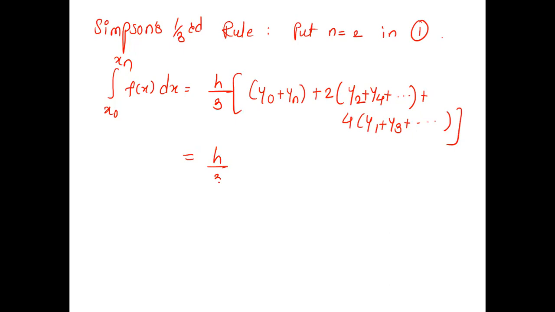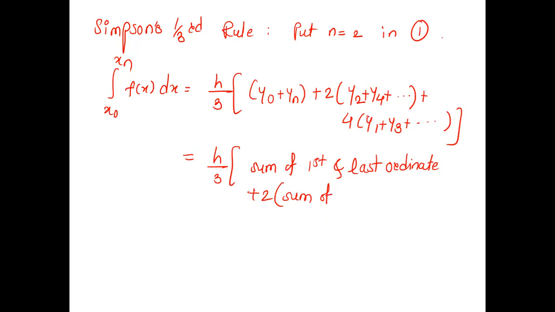That is, h by 3 into the sum of first and last ordinates of y, plus 2 times the sum of even or odd ordinates. y2, y4. आता मागे सांगितलं ना मी तुम्हाला, जरी हा इव्हन दिसत असला तरी हा पोझिशन काय आहे, ऑड आहे. Sum of odd ordinates: 2 times sum of odd plus 4 times sum of even.